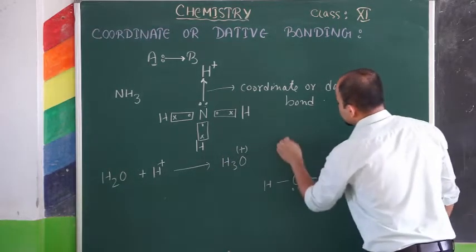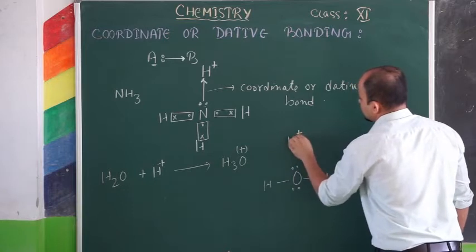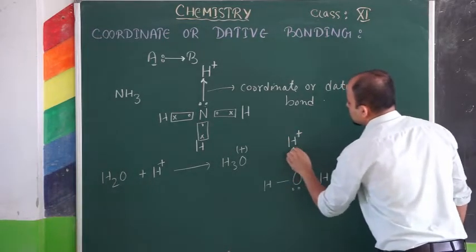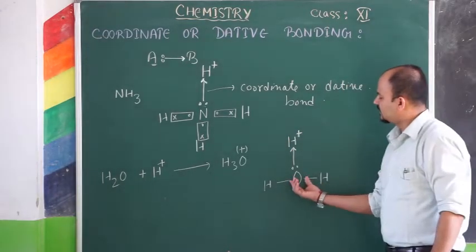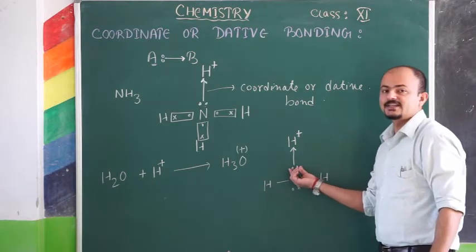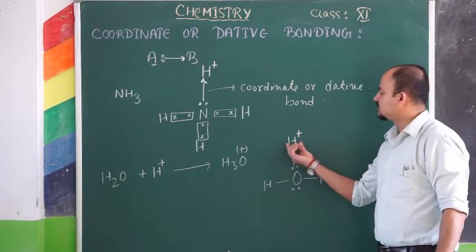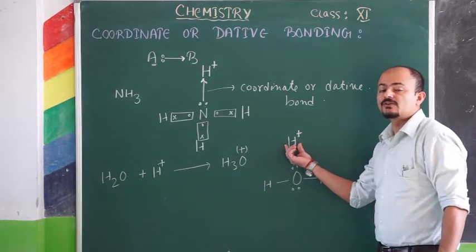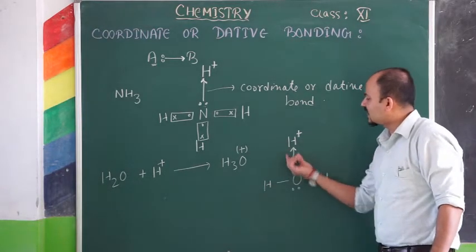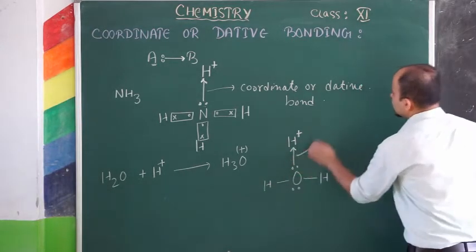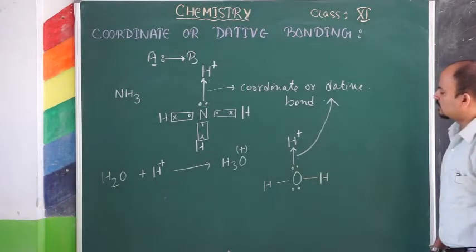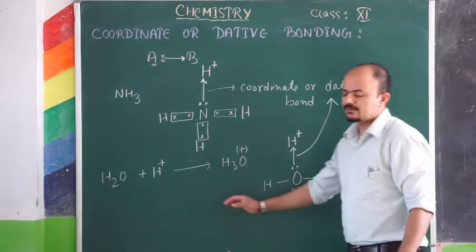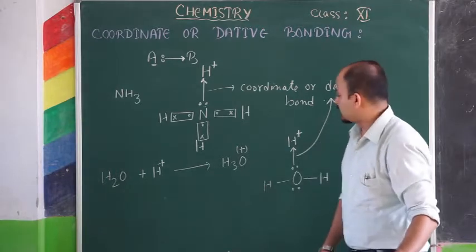Whenever the H plus ion comes and bonds with oxygen, the lone pair of electrons over oxygen is donated in the bond formation between oxygen and hydrogen, and this is again a coordinate or dative bond. Similarly, you have other molecules, so let's discuss that.